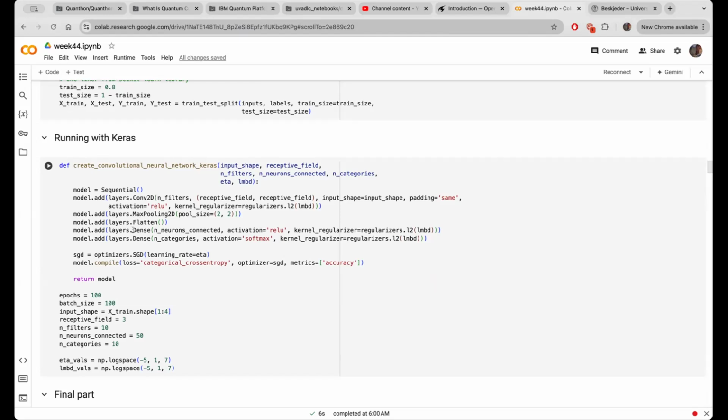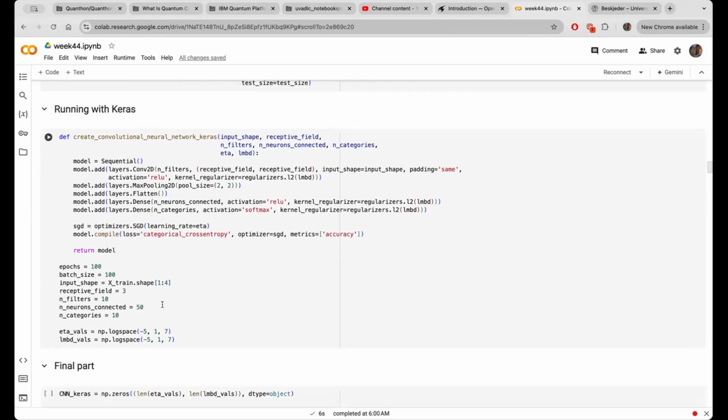That goes into a dense neural network where we have an activation function like the ReLU function. Then we have the final output layer, which is defined by the categories which we have. In this case, we use the softmax function, and we use standard gradient descent as an optimizer. The learning rate is just this set of learning rates which you have seen before.